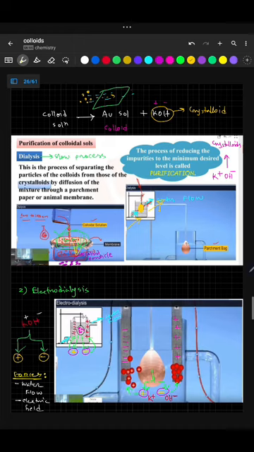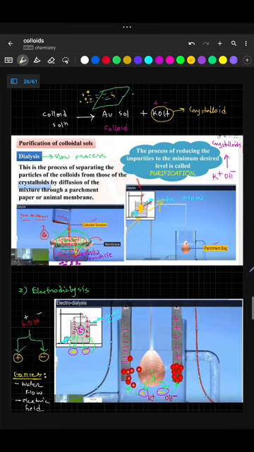When the water is flowing at a high velocity, the impurities inside the bag mixed with the particles diffuse out of the bag, and the pure colloidal particles remain inside. That's how you purify the colloidal solution.